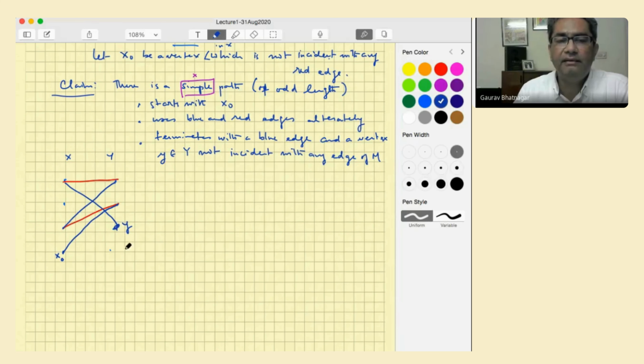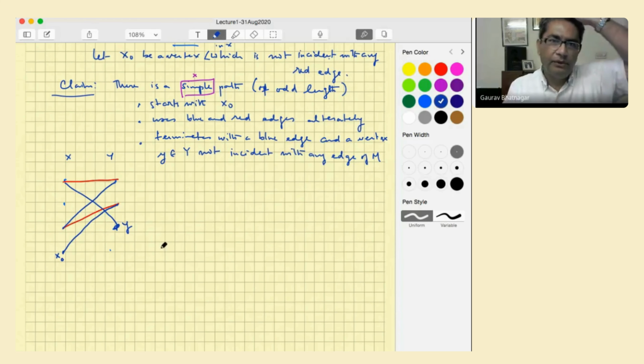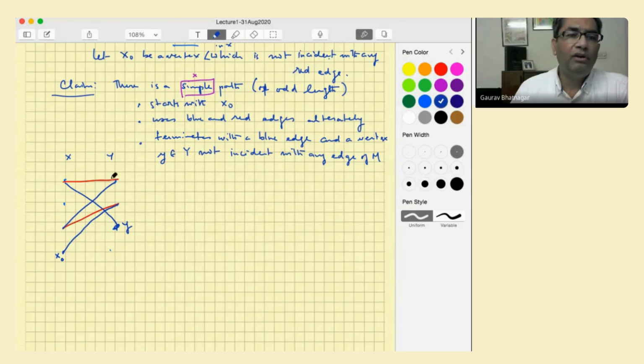So it starts with x0, uses blue and red alternately, terminates with a blue edge and a vertex Y not incident with any edge of M. So this Y is not hitting anything in M.